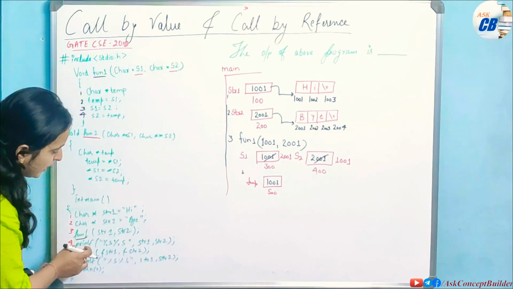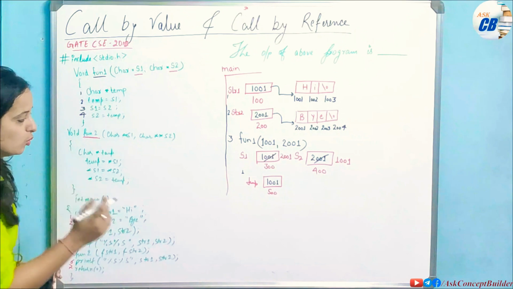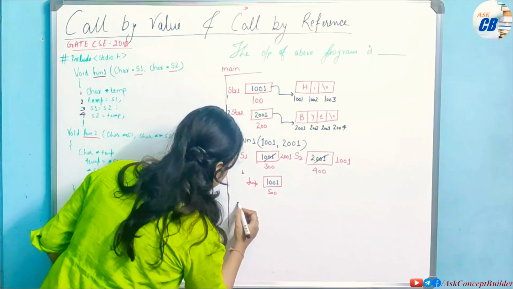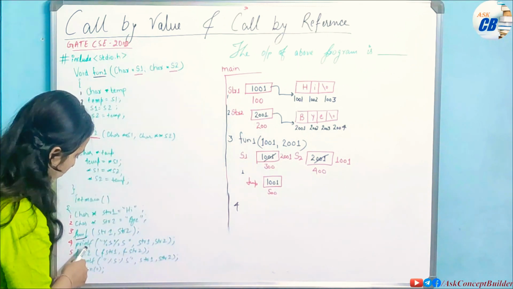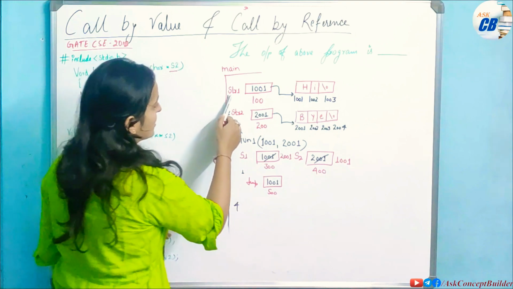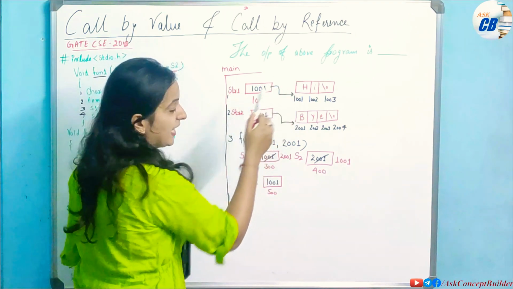So fourth is your printf percentage s of str1 and str2 that you have to print. Now see here in the fourth step you have to printf percentage s str1. Fine. Now what is your str1? Str1 is your 1001, which is pointing to this character array.